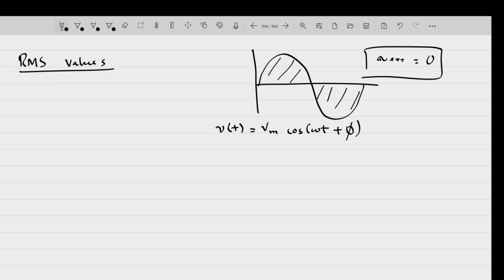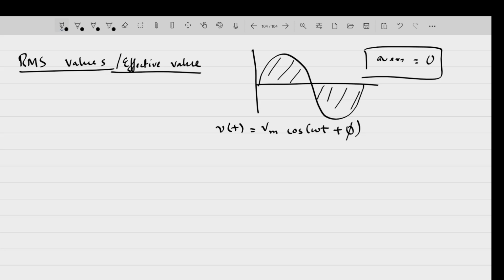So what we do is find its root mean squared value. Root mean square value is also known as the effective value. It gives us an idea about the mean value of this function without adjusting for the negative half cycle.